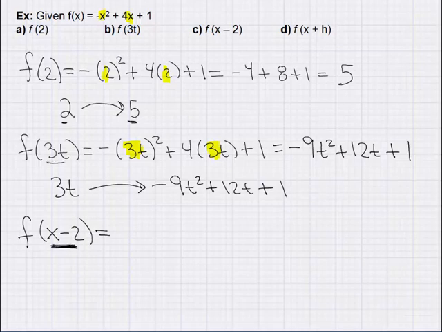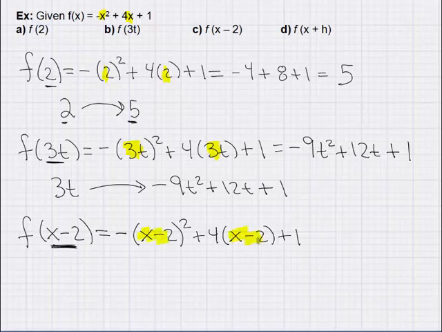This thing is like the 3t, like the 2. I'm going to plug x minus 2 into the function like I plugged 3t and 2 into the function. So I'm going to have negative x minus 2 squared plus 4 times x minus 2 plus 1.